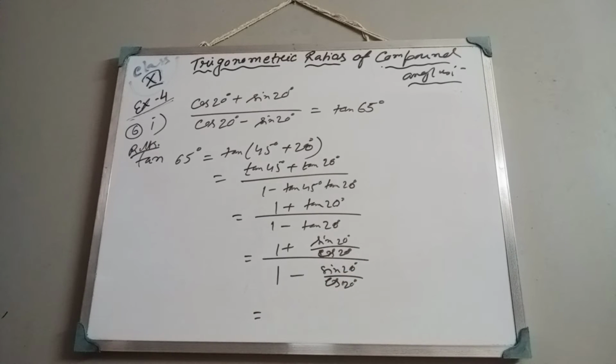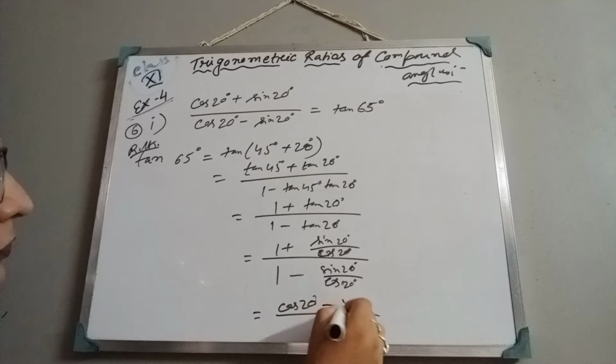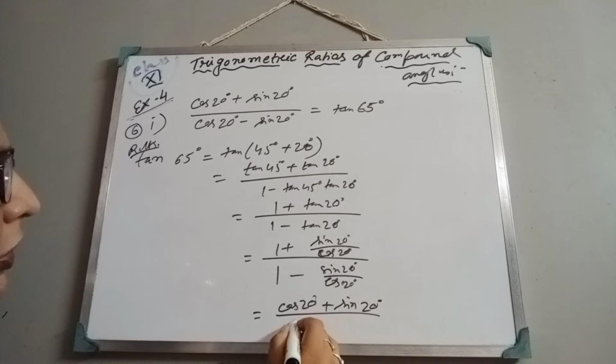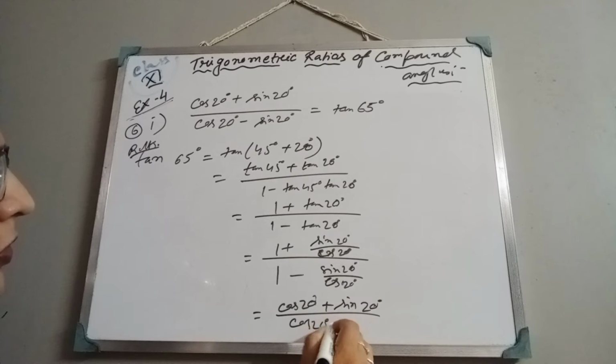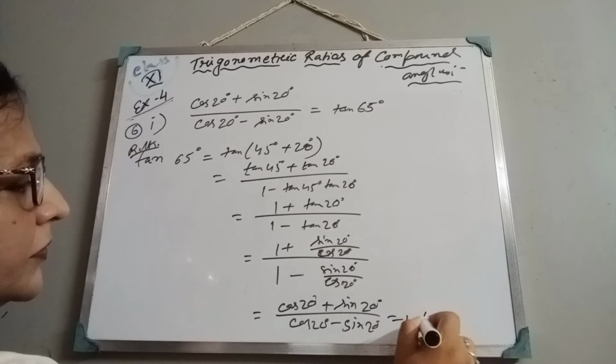So it is coming cos 20 plus sin 20 by cos 20 minus sin 20. Very simple. Okay, that is equal to the left hand side.